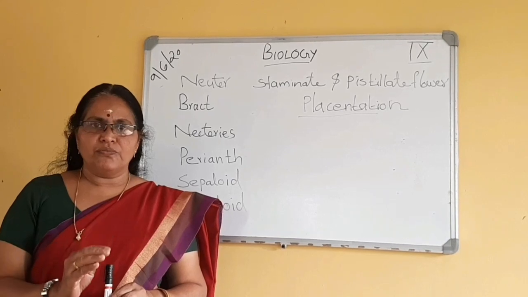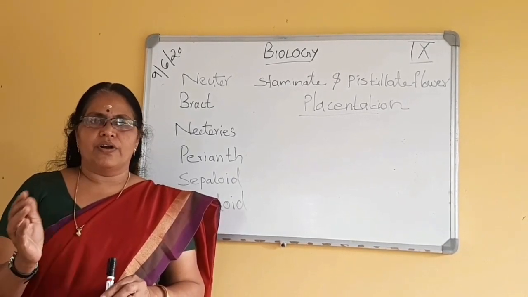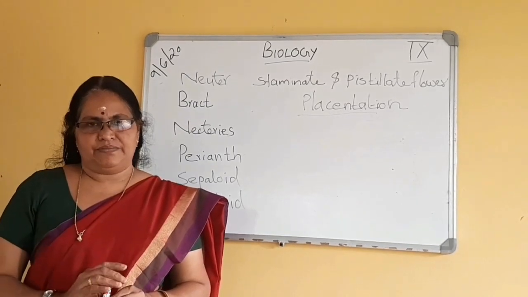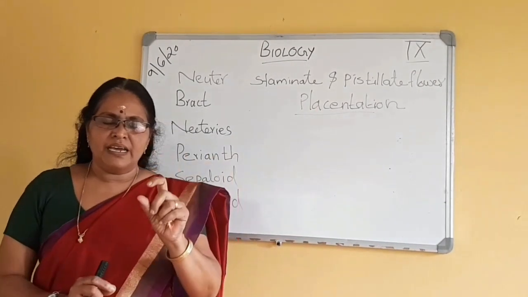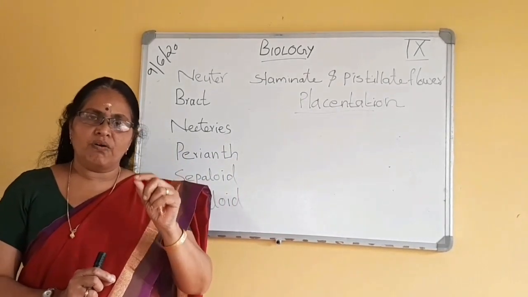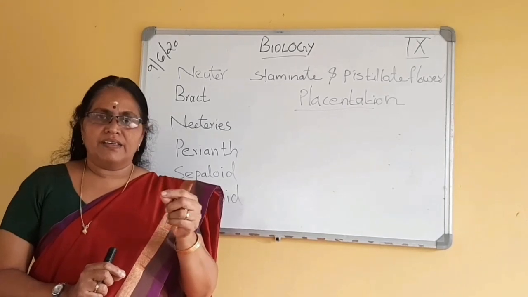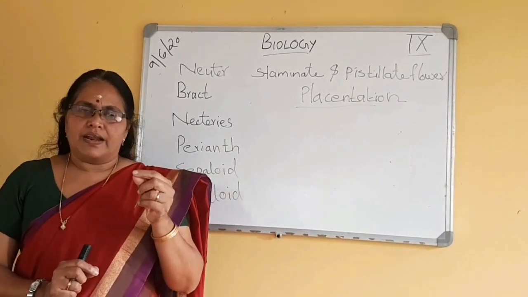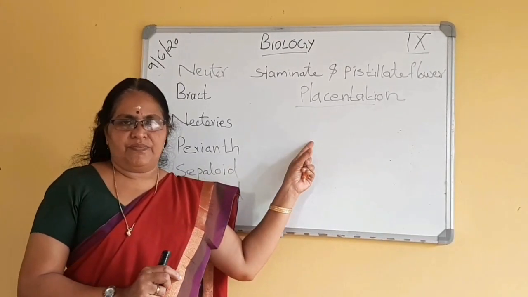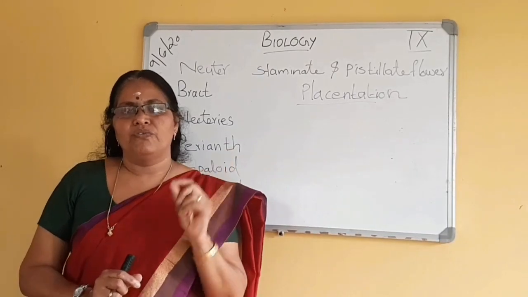So the arrangement of ovules in the ovary is known as placentation. So placenta is a soft cushion-like region found in the ovary of the flower. In the placenta arise the ovules. So its main function is to give origin to the ovules.